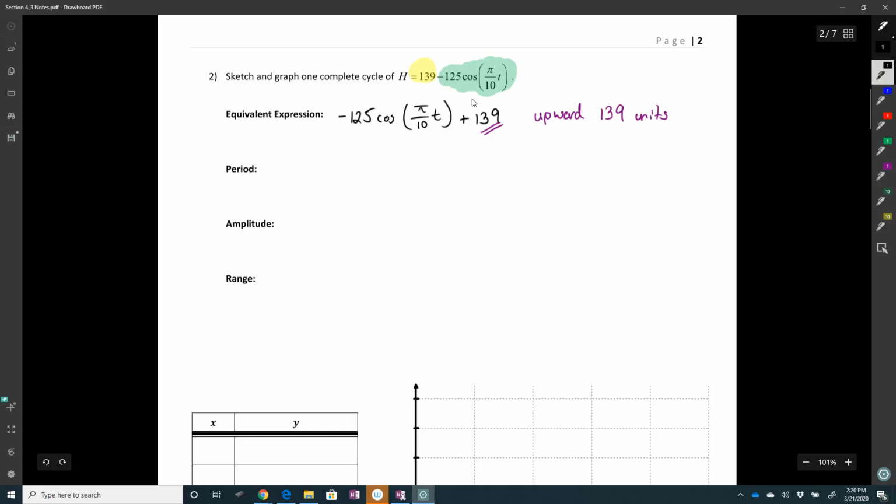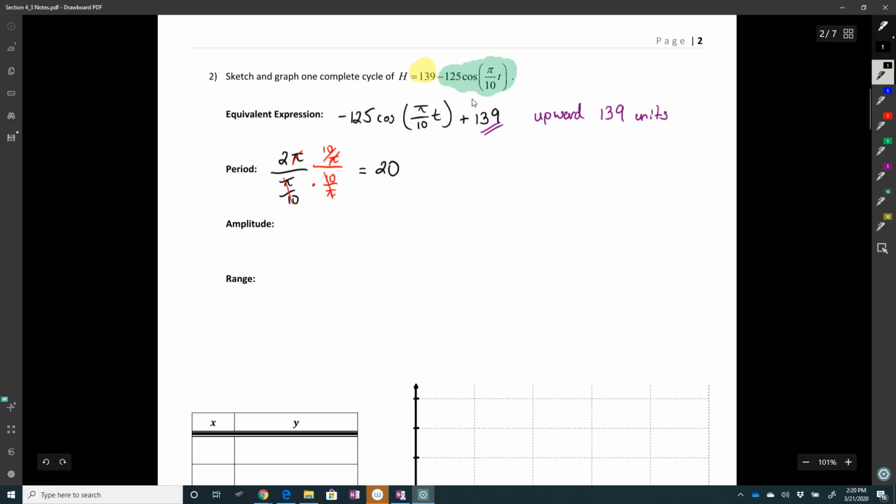Okay, the period is still the same as the last section. It's 2 pi over the number in front of x, which in this case is pi over 10. We can do some quick math. I can multiply it by 10 over pi, multiply it by 10 over pi. The pi's cancel, and you can see that 2 times 10 is just 20.